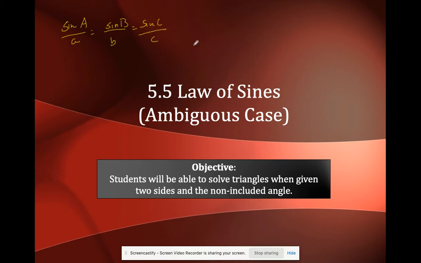From middle school geometry, you remember how to think about triangles, kind of like when you did your proofs. You were proving triangles congruent. You had to look at your cases.